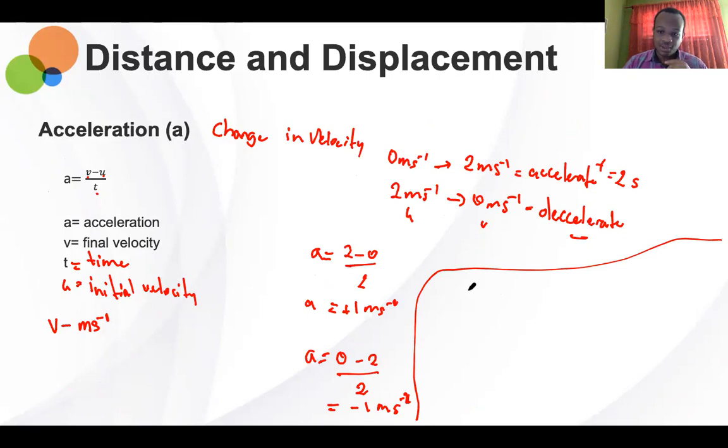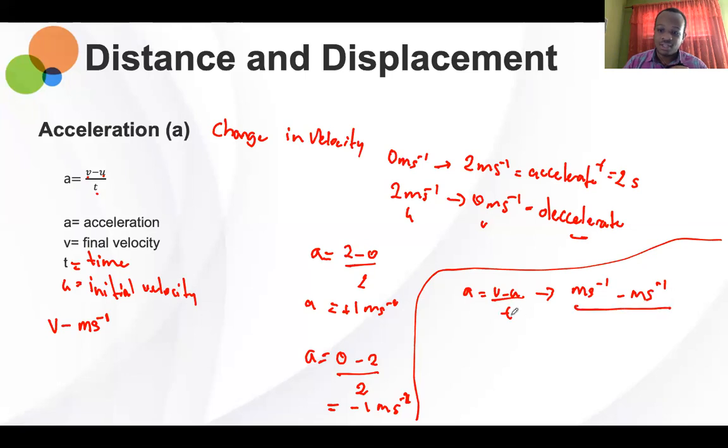So the unit at the top would be meters per second, because that would be meters per second minus meters per second.